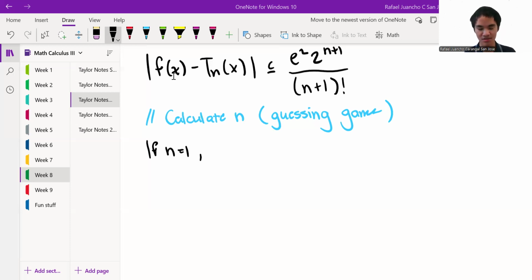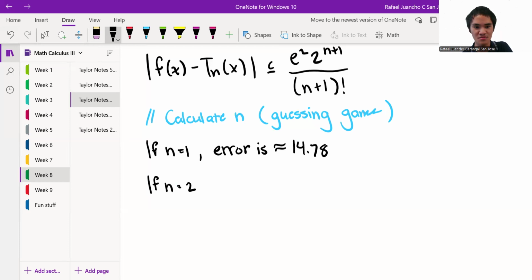Let's evaluate it. Yeah, so it's like 14.7. So that's a very, very high error. 14.78-ish, around there.